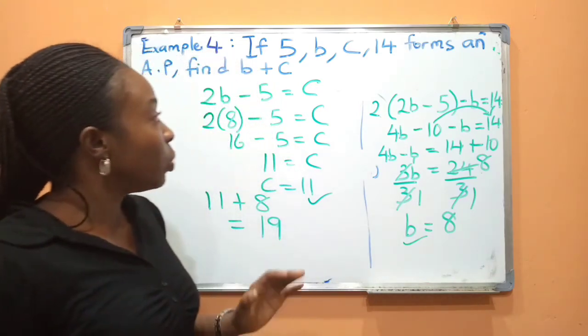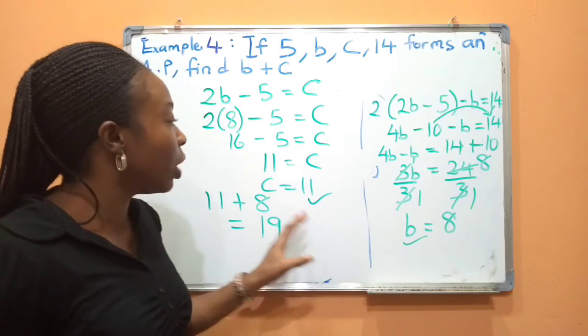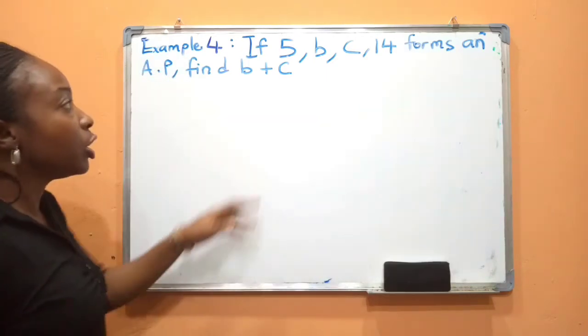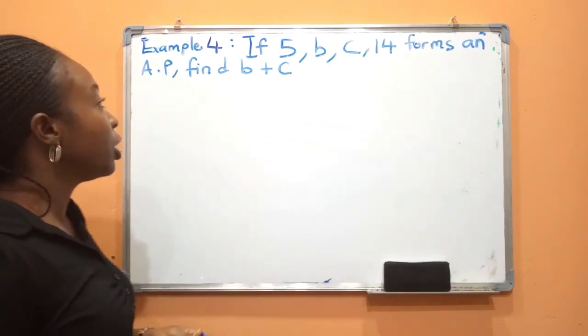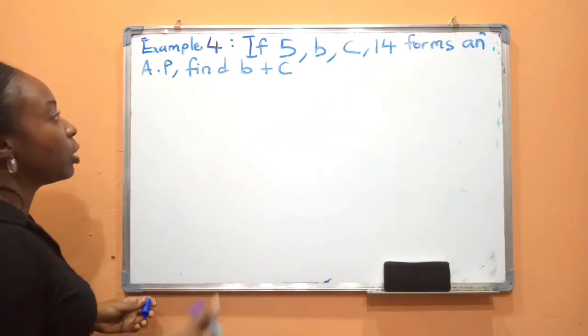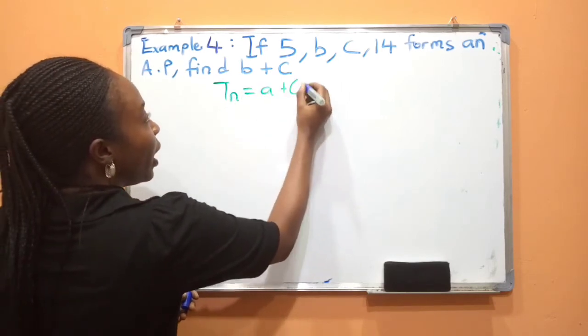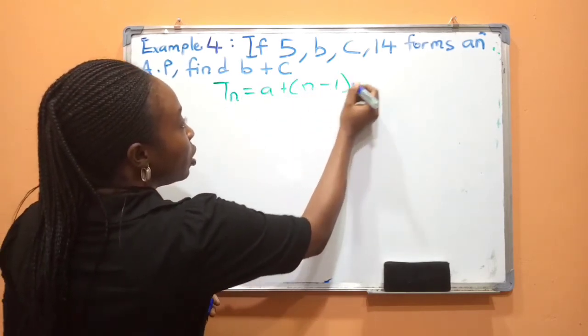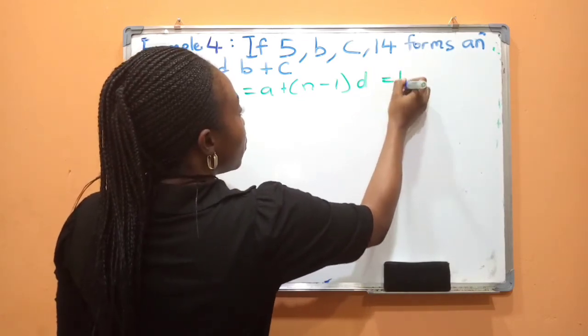A second way you can do this, alternatively, is another method you can use to arrive at this answer. Since we know the first term and we know the last term, we can use the nth term formula. That's Tn equals to a plus n minus 1, you close the bracket, and you have d equals to 14.